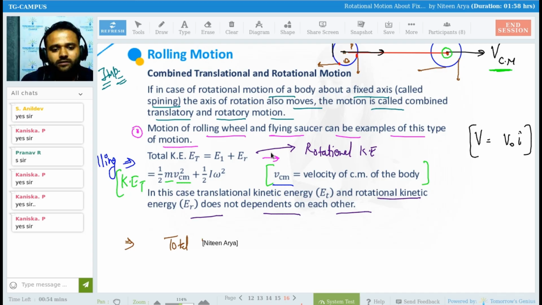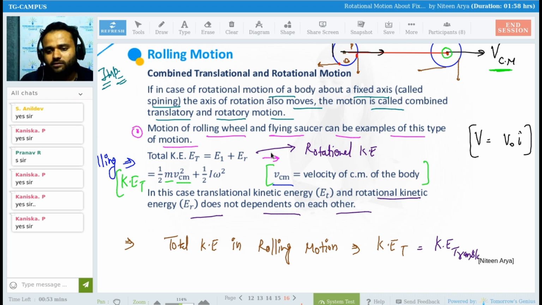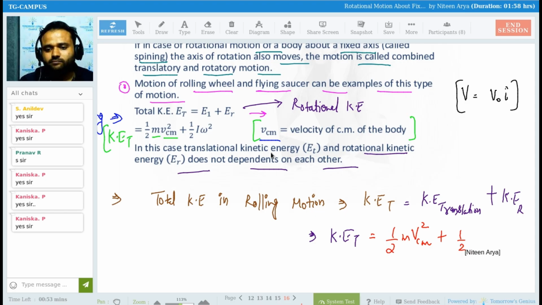So the total kinetic energy in rolling motion, KE total, is going to be KE translation, T, plus KE rotation, R, and that is 1/2 m v_cm squared plus 1/2 I omega squared. Clear now, everyone?